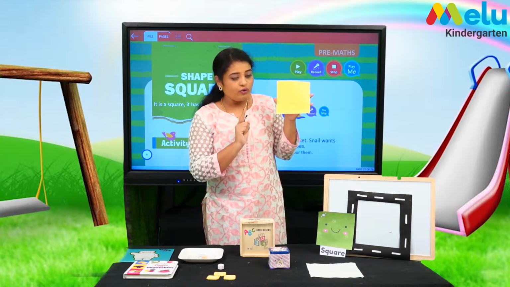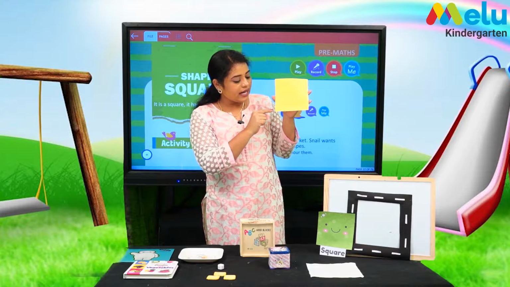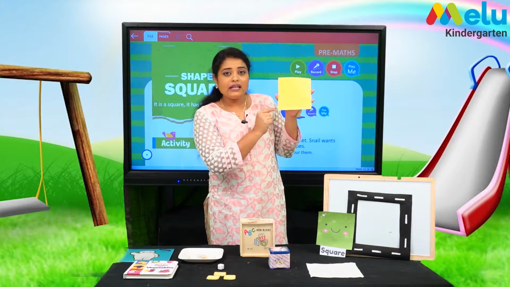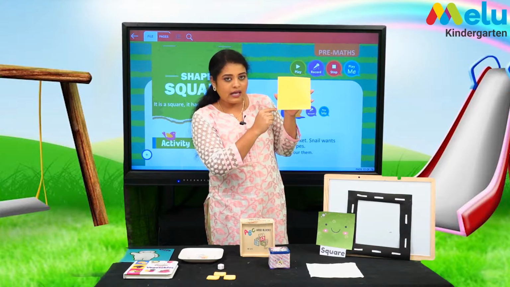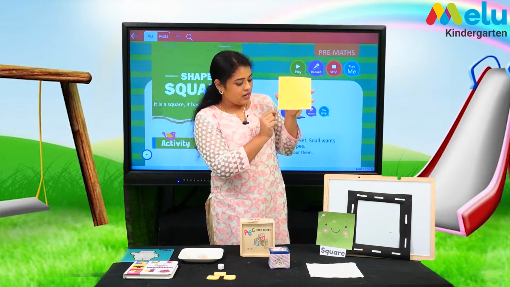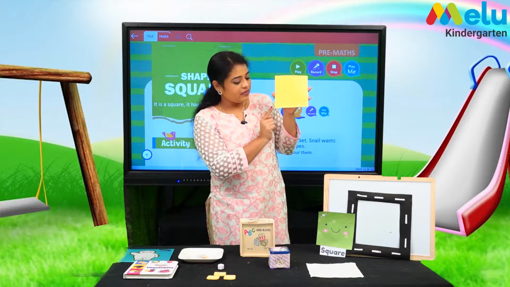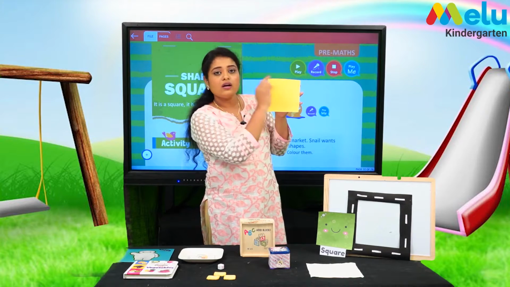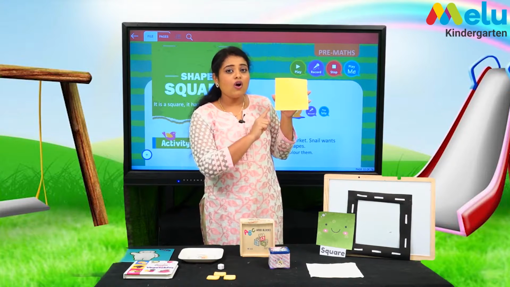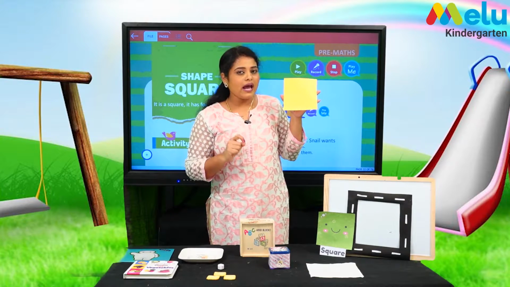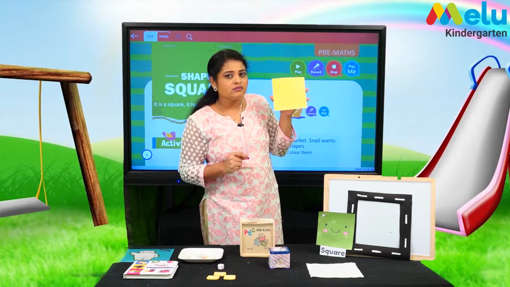And children, do you know these sides meet at a point? Yes, this is a point. This side and this side meet at a point, right? These are called corners. Yes, children, what are they called? Corners. So, a square has how many corners?